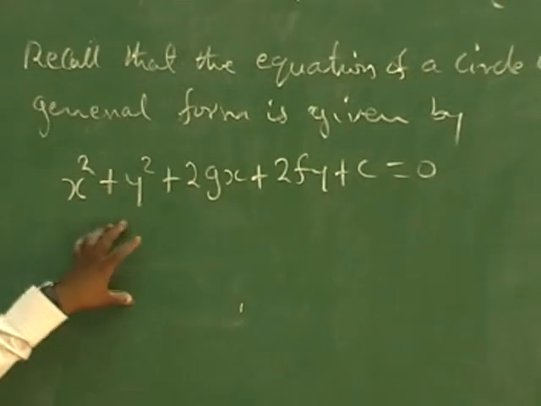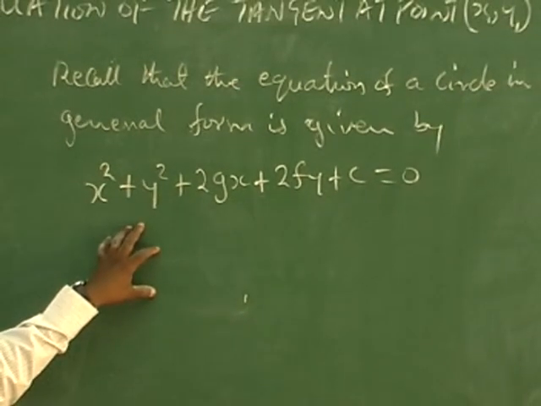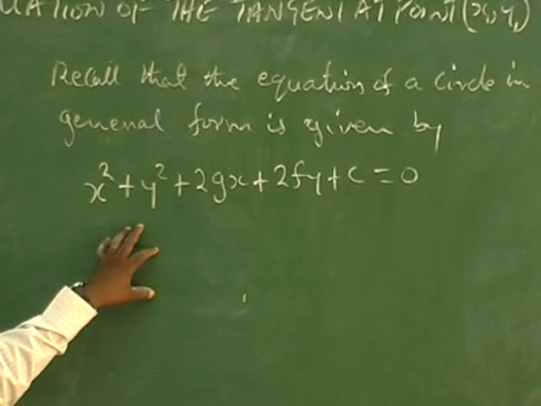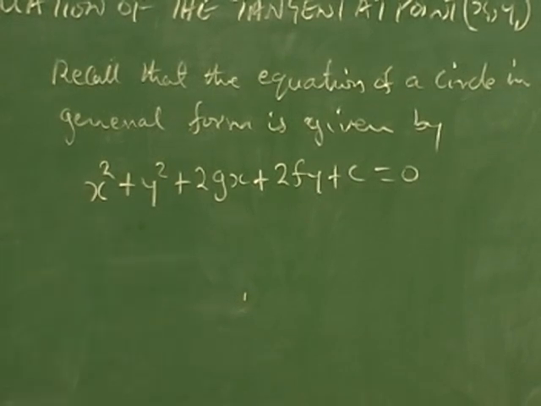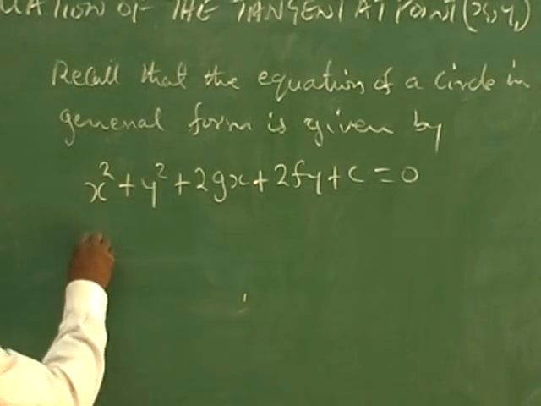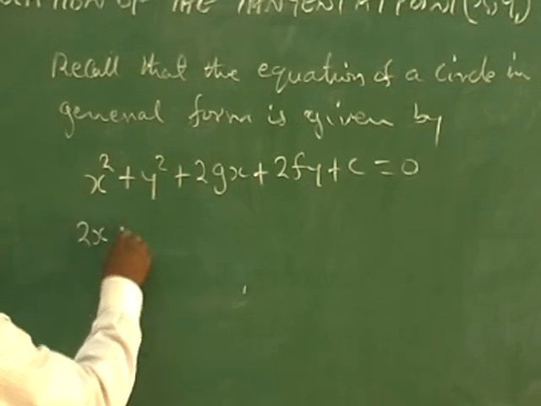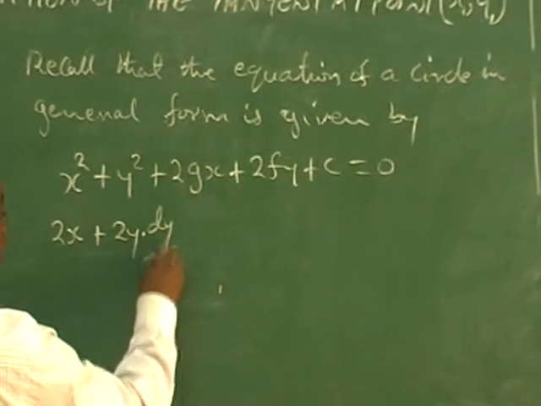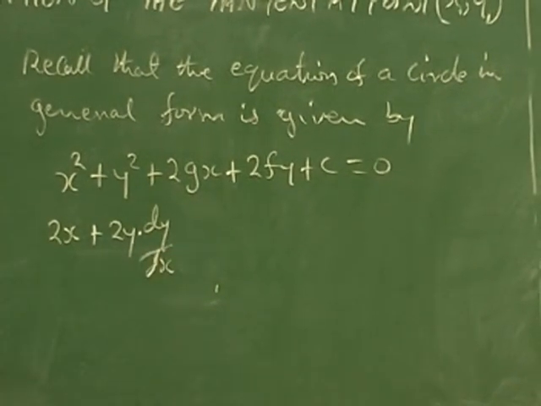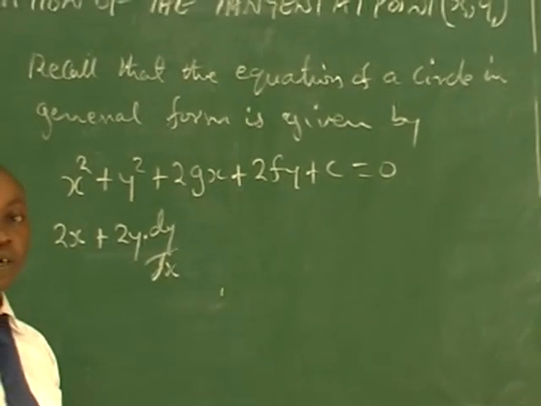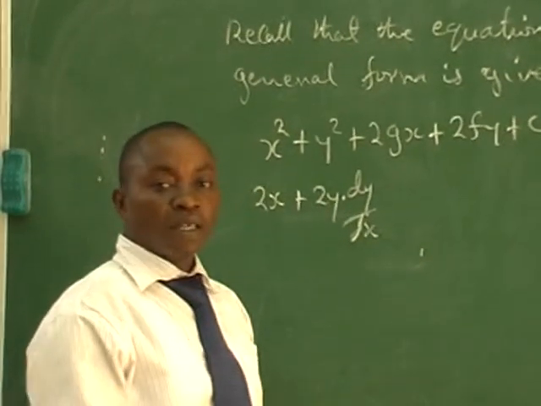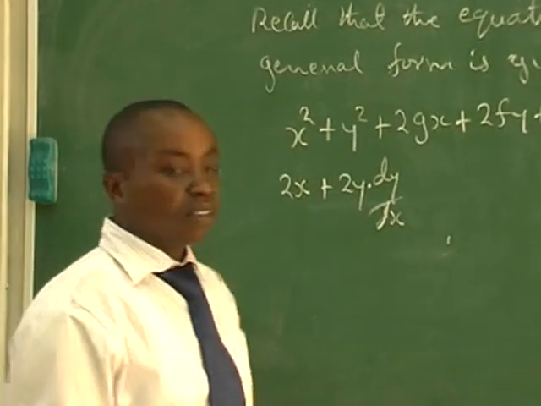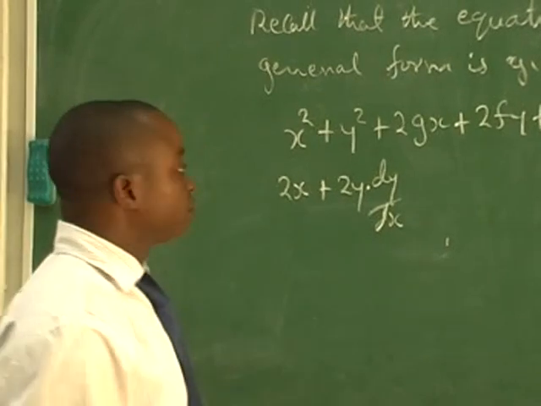Now, if we differentiate this equation using implicit differentiation, we will have 2x plus 2y dy/dx. I believe you have watched our lectures on elementary calculus. You know implicit differentiation.